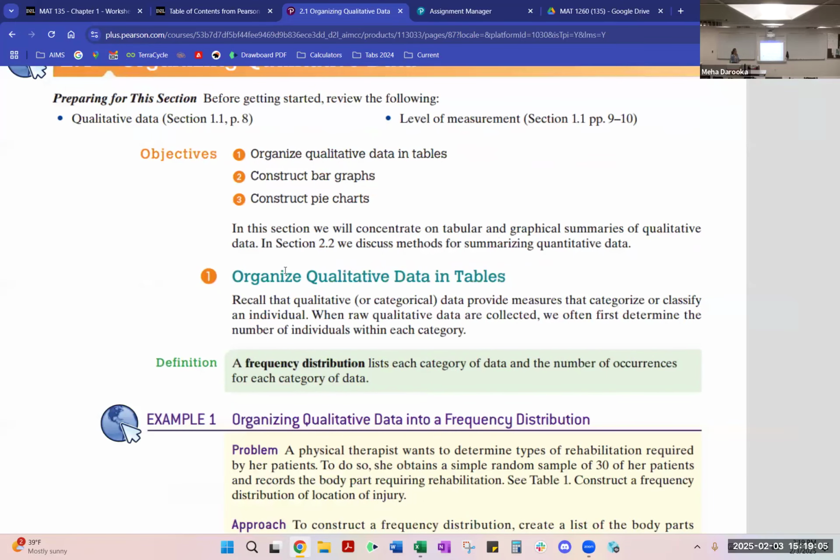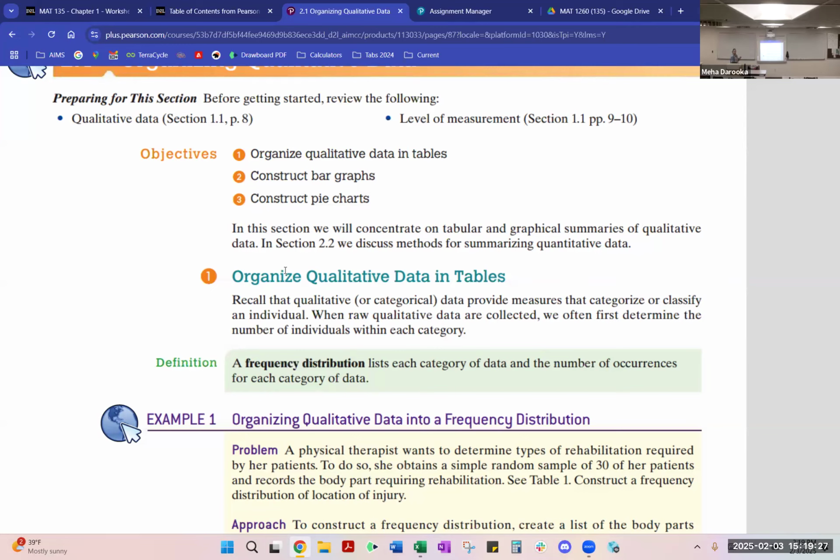Okay, so the first thing we're going to talk about is how to make a frequency distribution for qualitative data. So basically, remember, qualitative was based on some kind of, oh, that word just flew out of my mind.